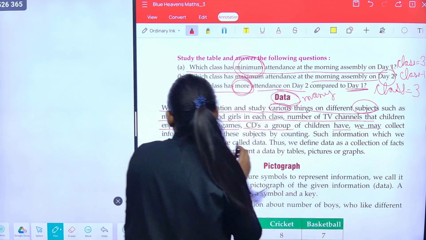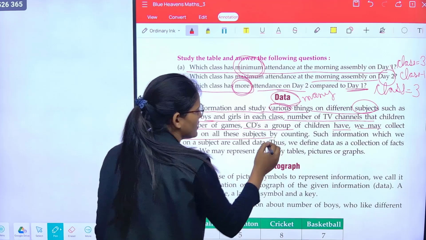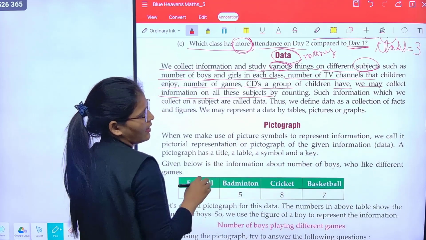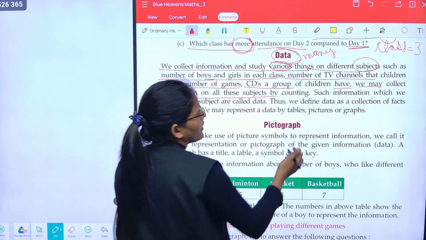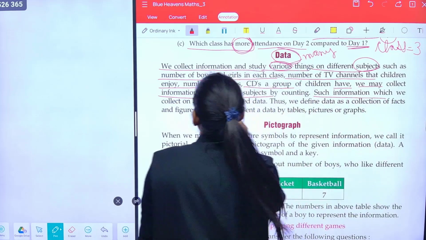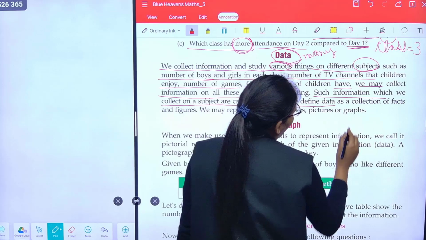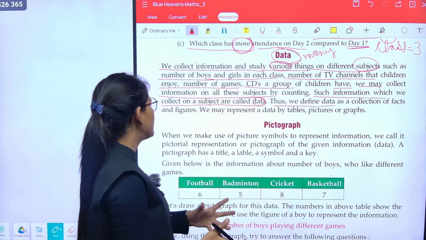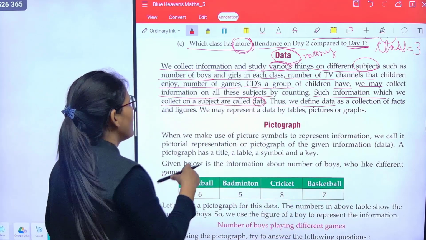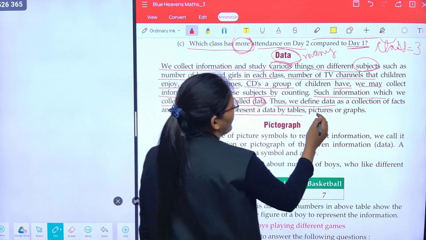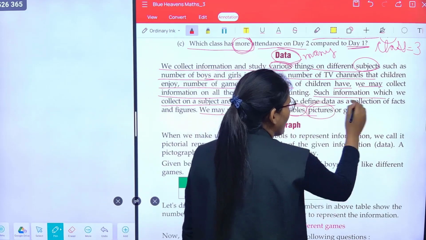We may collect information on all these subjects by counting. है ना? Such information which we collect on a subject is called data. Thus, we define data as a collection of facts and figures. We may represent data by tables, pictures or a graph.